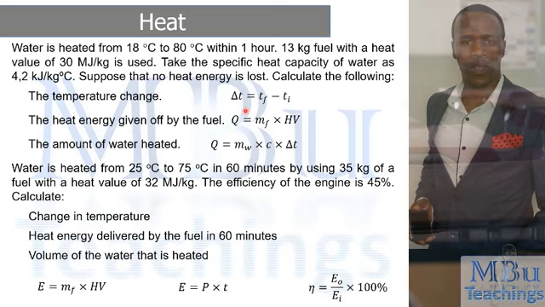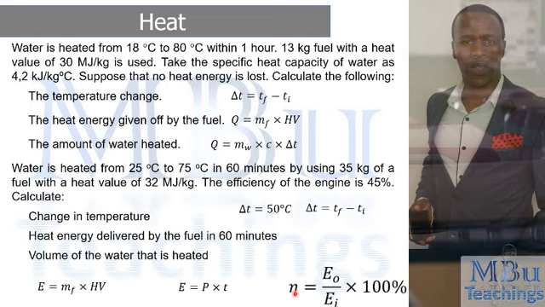So this will be Q again, this E. Then efficiency equals energy out over energy in. That will give us the efficiency, because now we are given a new term, efficiency. This is the symbol for efficiency. Multiply by 100%.